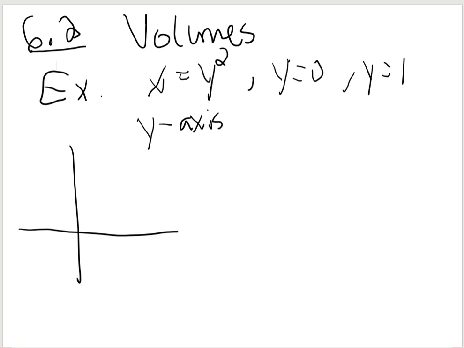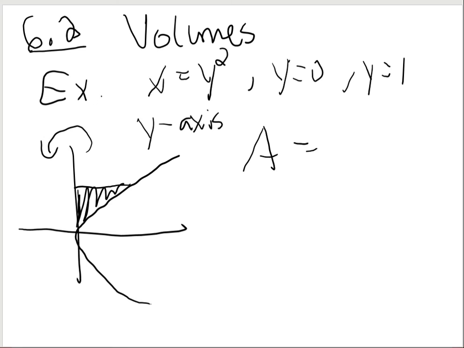So what does that look like? Well, you have a parabola on its side. You have this area, and we want to revolve it around the y-axis. Okay, we can still do this. But now it's not pi y squared, because now our function is reversed.